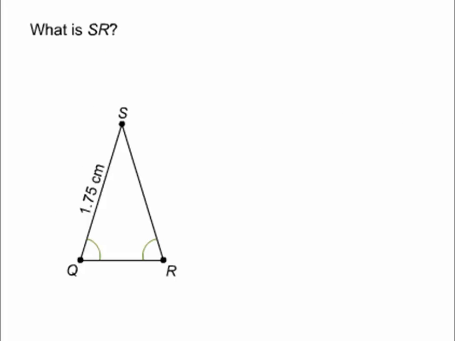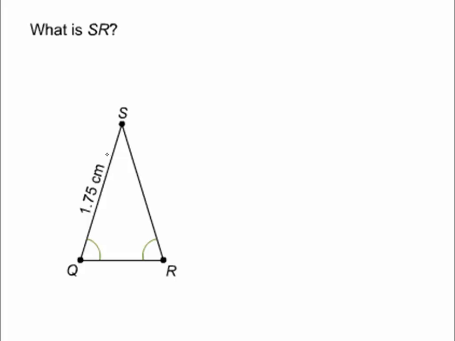Now this wants to know what is the measure of SR. Well, remember, the isosceles theorem says that the angles opposite the congruent sides are congruent. So the converse is going to say that the sides opposite congruent angles are congruent.